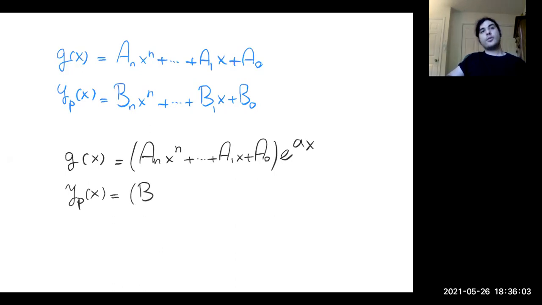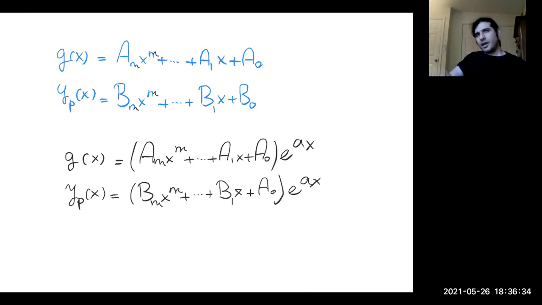The particular solution would be a polynomial in terms of x, but at most degree n. This n is not the same n as we had in the equation. Maybe it's better to choose m rather than n. It is some natural number degree, times e to the ax. That would be the particular solution. And the same thing is also correct for sine times polynomial, cosine times polynomial, etc.